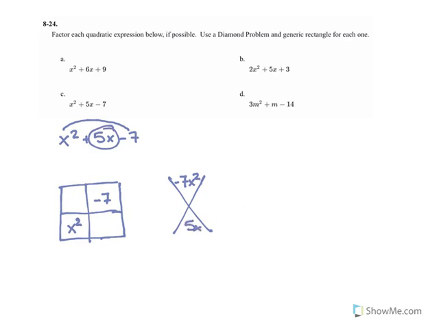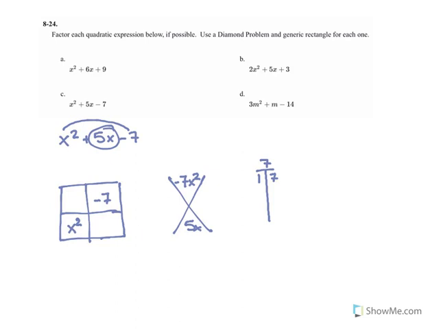Now we need to figure out which of 7's factors are going to add to 5. So if I were factoring a larger number, I would write a factoring table out like this, and I'd say 1 and 7. There are not any other factors of 7 because 7 is a prime number.